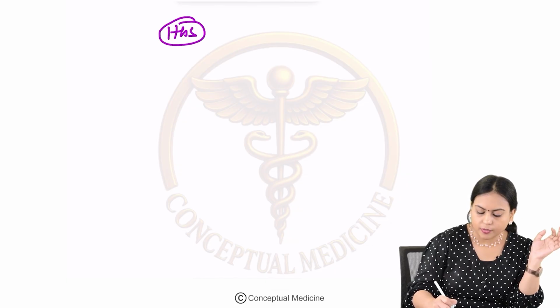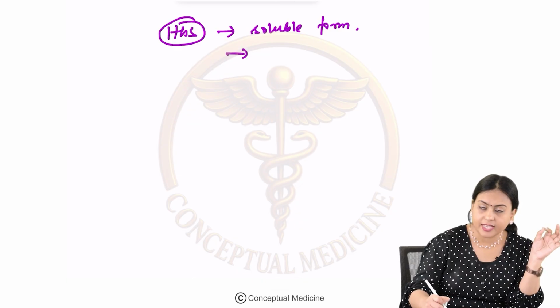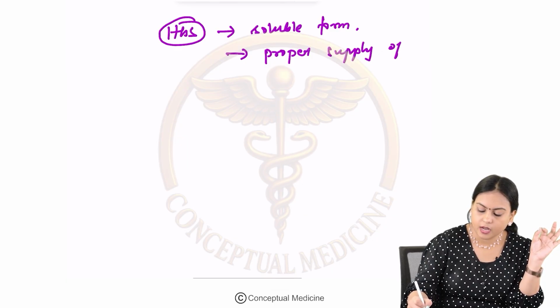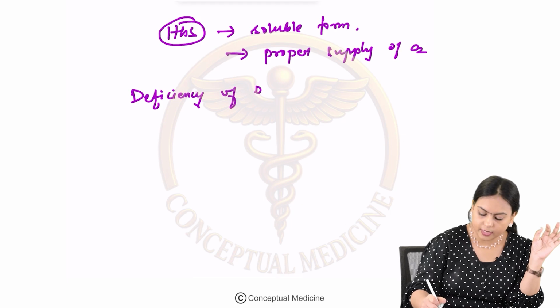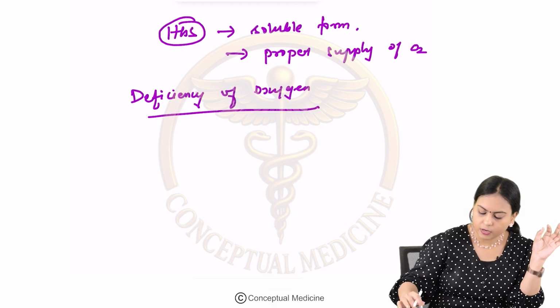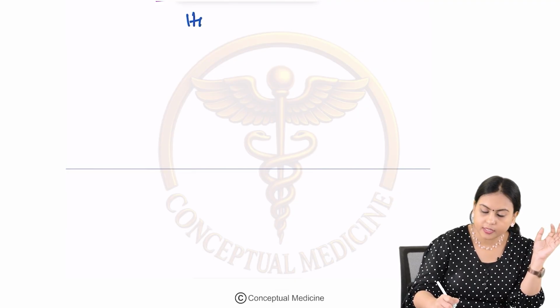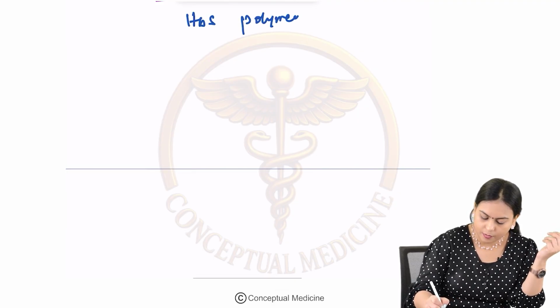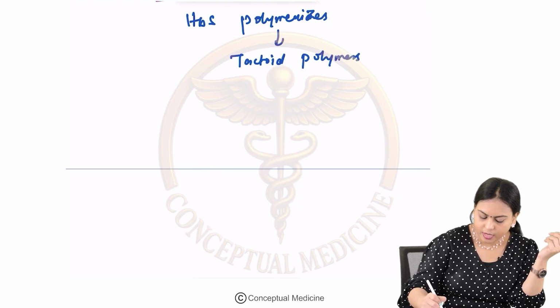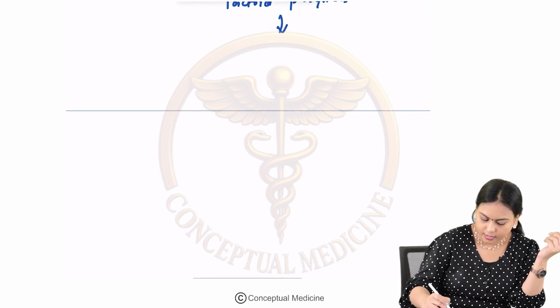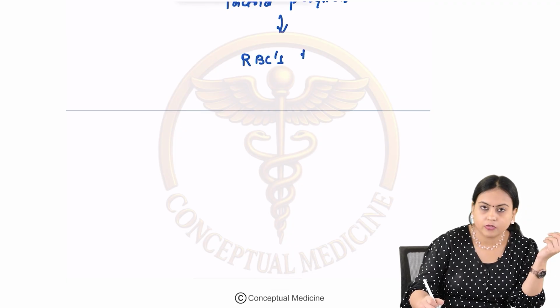HbS normally is in the soluble form, so it doesn't create any problems at all when there is a proper supply of oxygen. That is important. But when there is deficiency of oxygen due to any reasons, this HbS polymerizes and forms tactoid polymers, and this will cause the RBCs to deform.